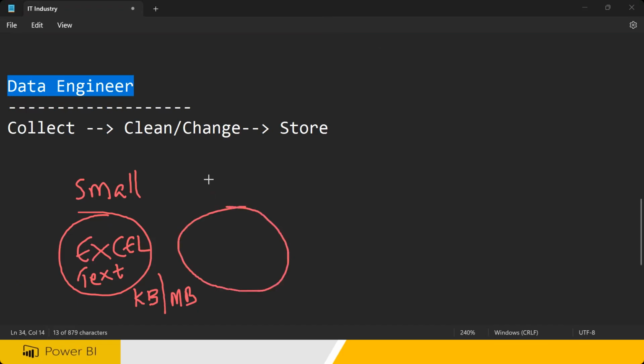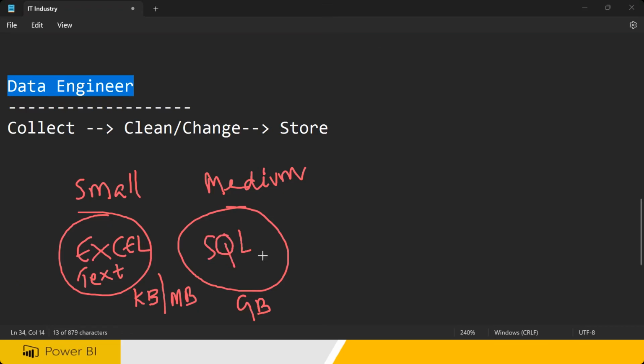But when you have a medium size of data, every month you're going to be getting GBs of data. Think about Amazon, State Bank of India, Axis Bank, Walmart. Every day, every month, they get GBs of data. GBs means what? A large amount of data. So that data is going to be stored in SQL.